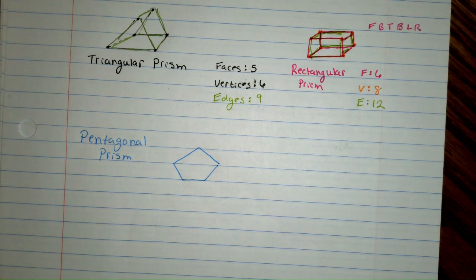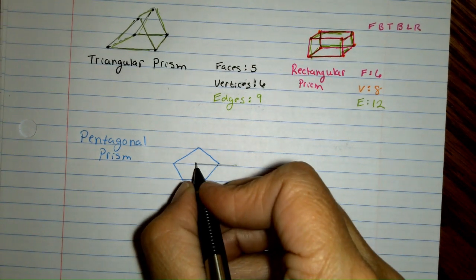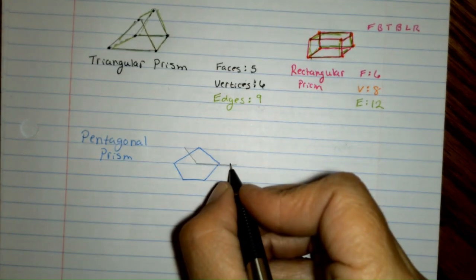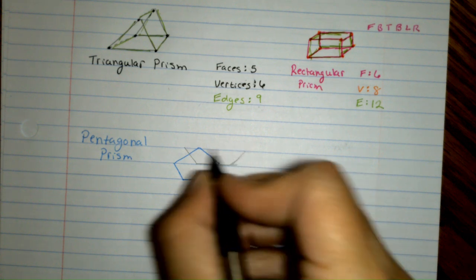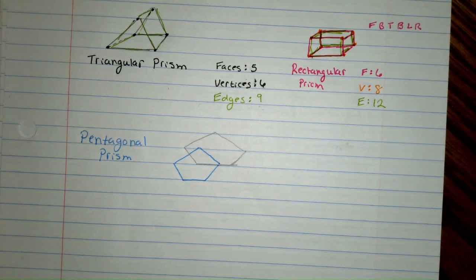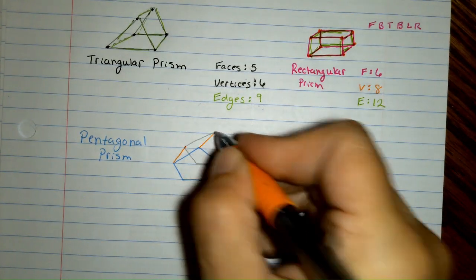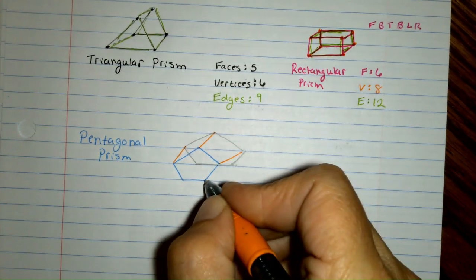I'm going to draw my other one in pencil. Might have been a little wide. There's my 2 pentagons. Woo. And then I'm going to connect it. Boy, she did get wonky.